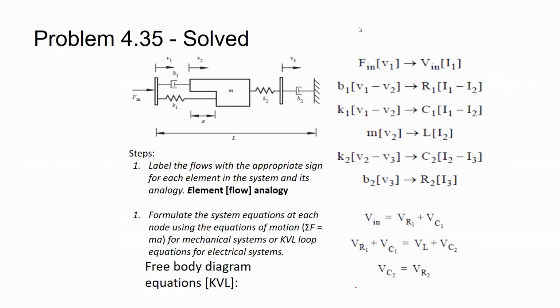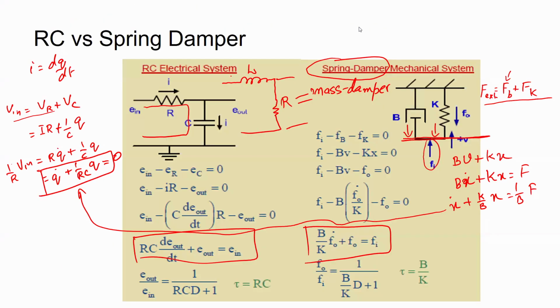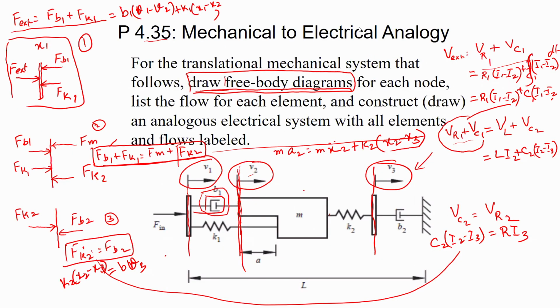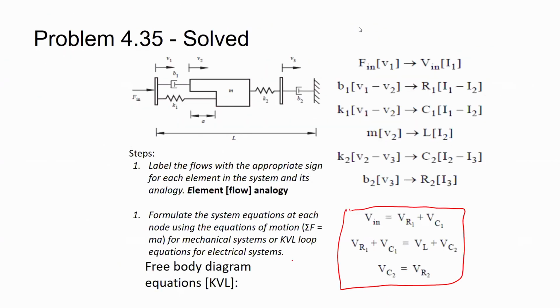So remember I was talking about the free body diagram equations. The free body diagram in a mechanical system is equal to KVL, the voltage equations of a loop, which are called KVL, and you are correct. So the free body diagram in a mechanical system is identical to the voltage equations of KVL.